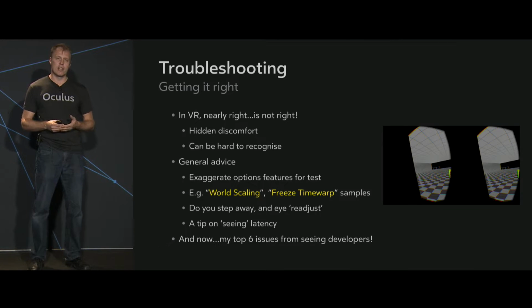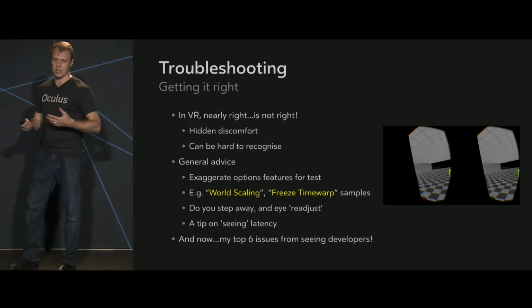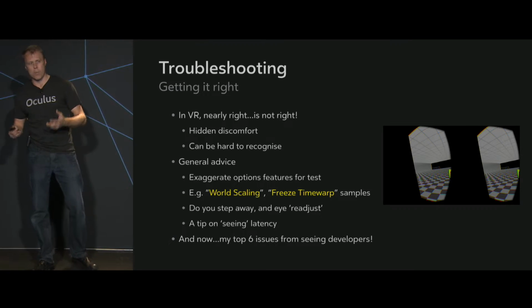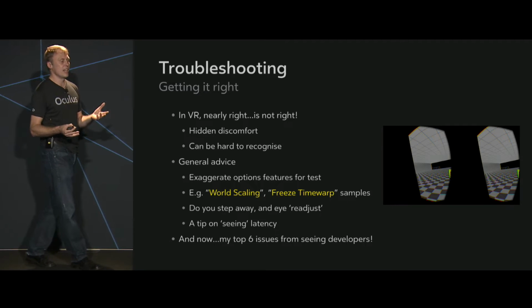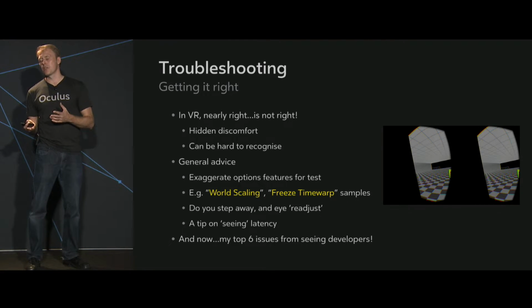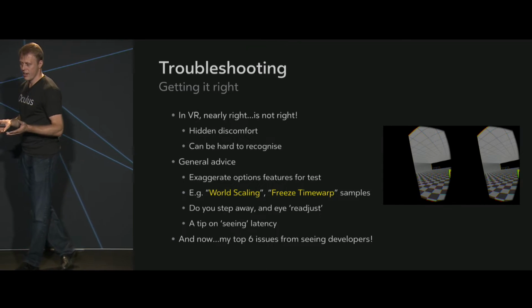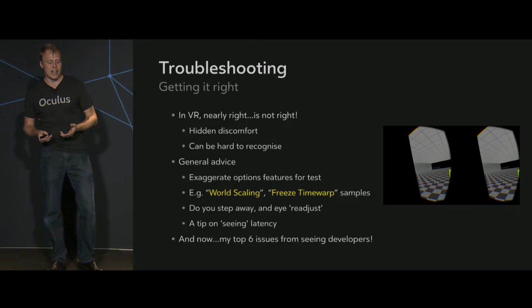We have another Oculus Tiny sample called World Scaling, which shows an exaggerated version of minimizing or maximizing the scale. In doing that, you can get a sense of whether your code is actually doing the right thing, so that when you then have the more subtle scaling, which you probably will have, you can be more reassured that that's correct.